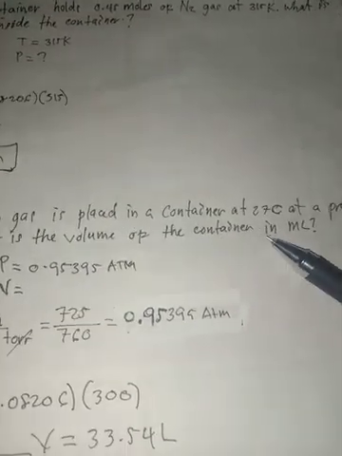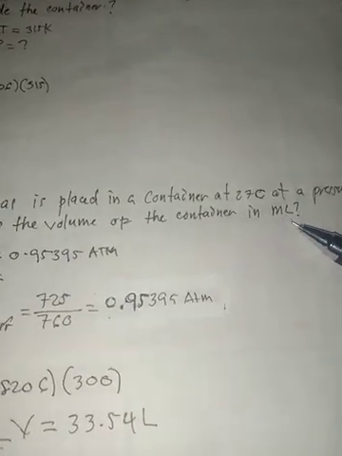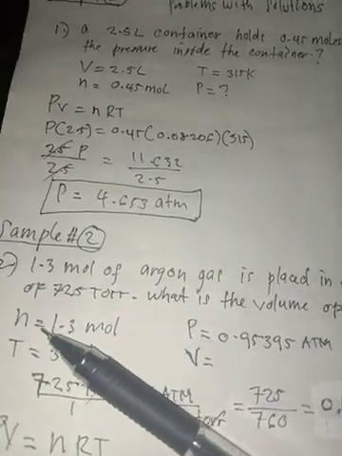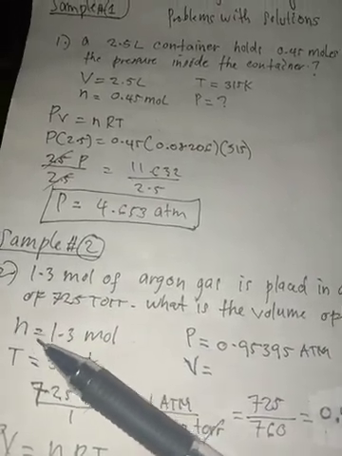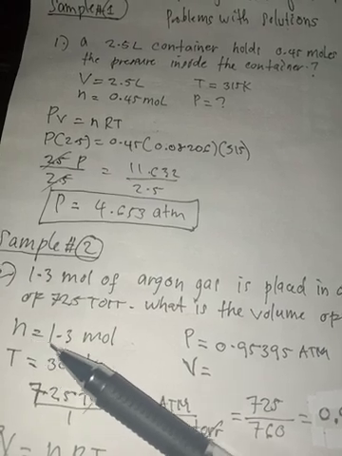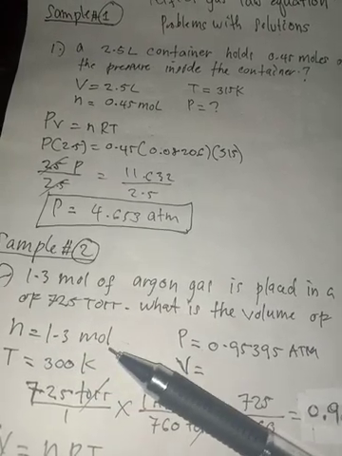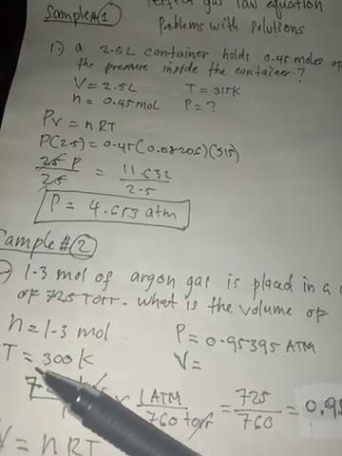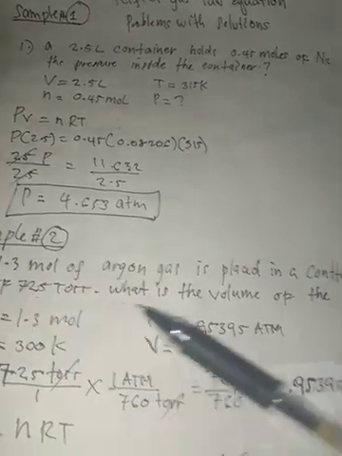What is the volume of the container in milliliters? So now we are going to write down the number of moles, 1.3 mole, then our temperature, 300 Kelvin.